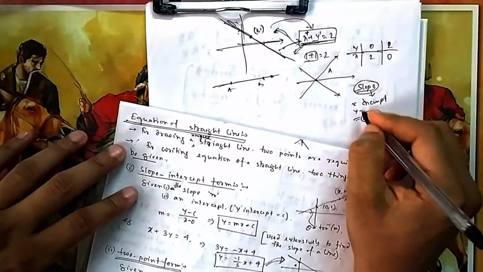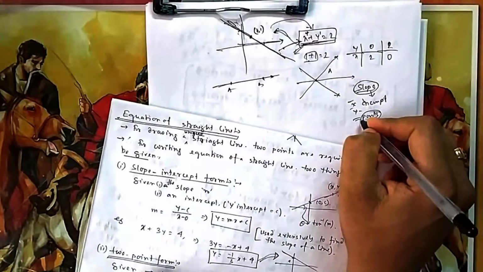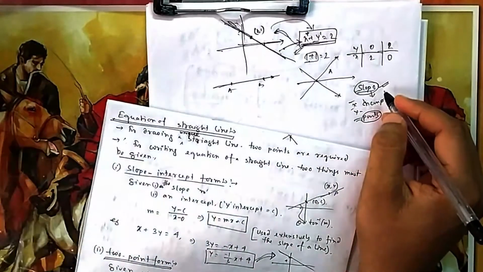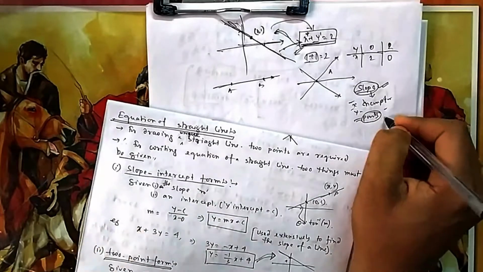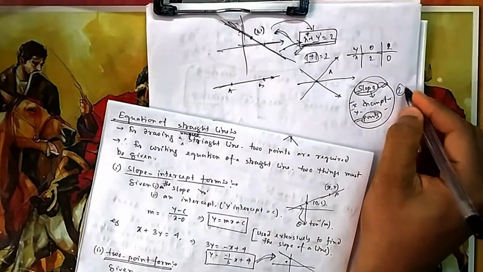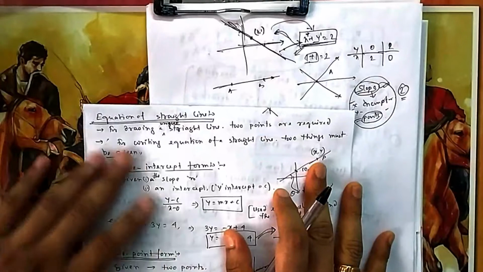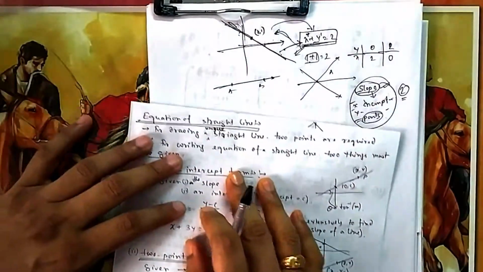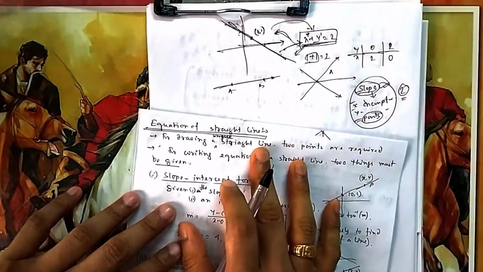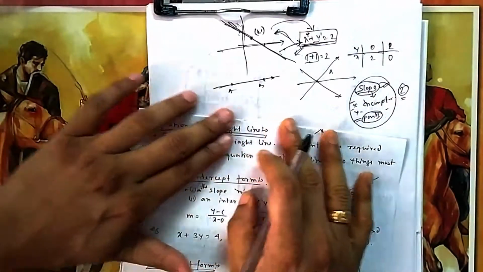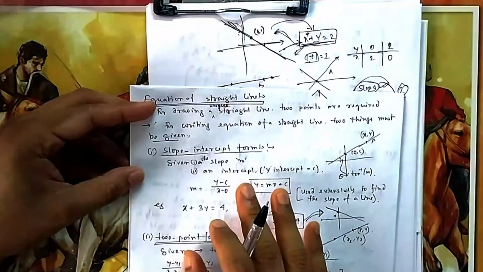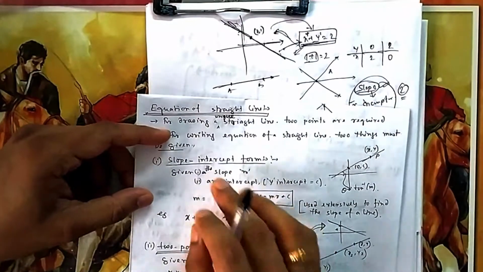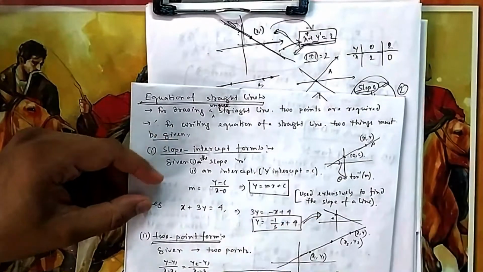These are properties of a straight line, or points that are given for drawing it. Any 2 of these will be given to you, and then you have to make the straight line. On the basis of that, different forms are created, so that in the question you see which is given to you and apply that formula. There is no need to think about different formulas in the exam. That's why you have to remember these standard formulas, and each one has very specific applications, which we will discuss.